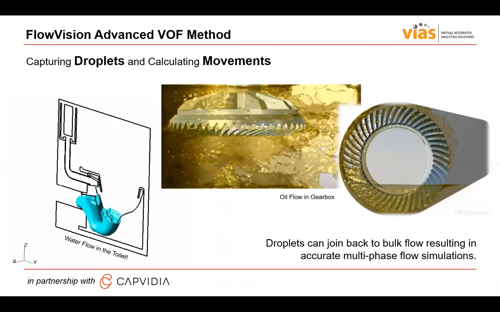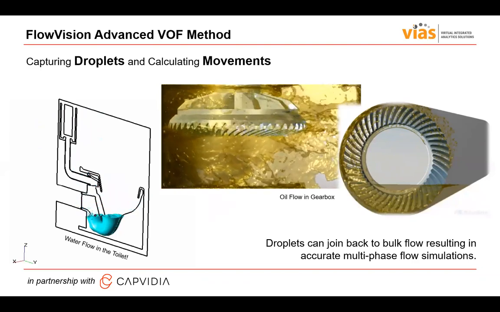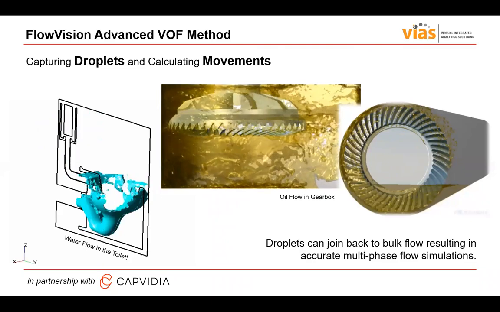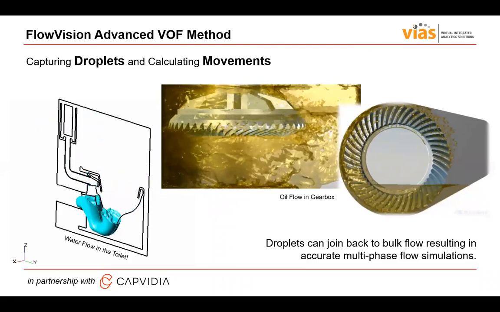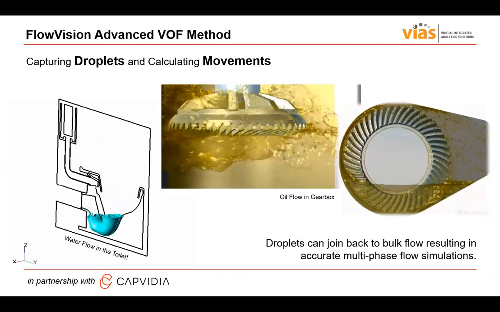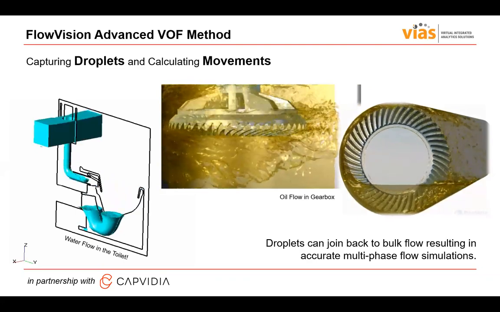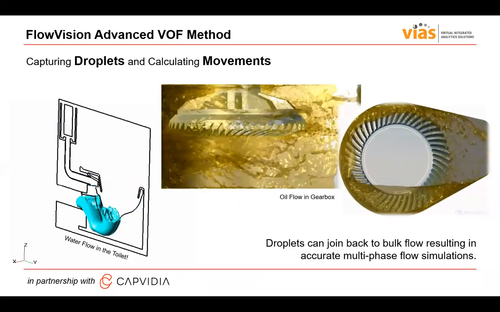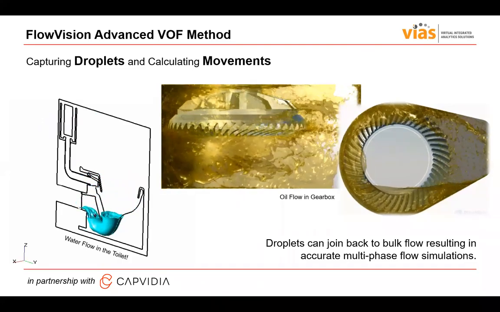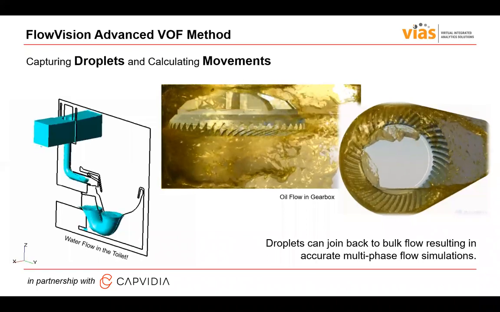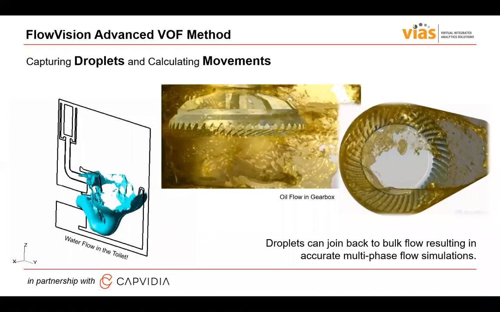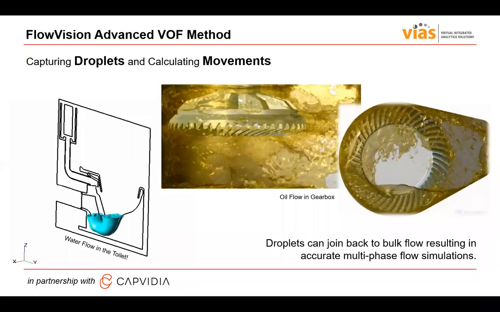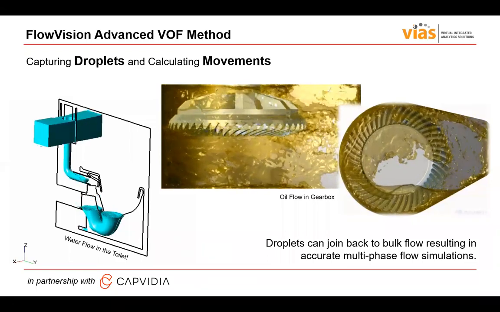We keep their masses moving through grids which are larger than those droplets, and once they get back together and form a mass that is almost equal to your cell size, FlowVision again starts simulating it as a bulk flow. So those droplets can join back to the bulk flow or vice versa, resulting in accurate multi-phase representations.